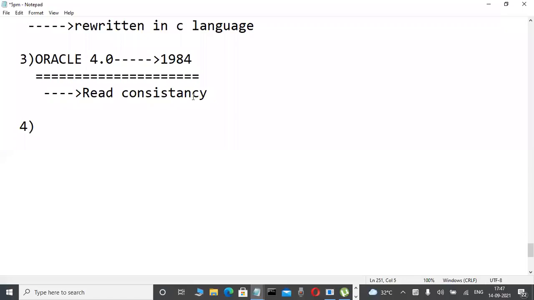Now next, Oracle, quickly write it. Oracle 5.0. In the Oracle 5.0 version, which year did they introduce it? 1985. Nowadays, or maybe since the last year, students and lecturers are struggling because of Corona.